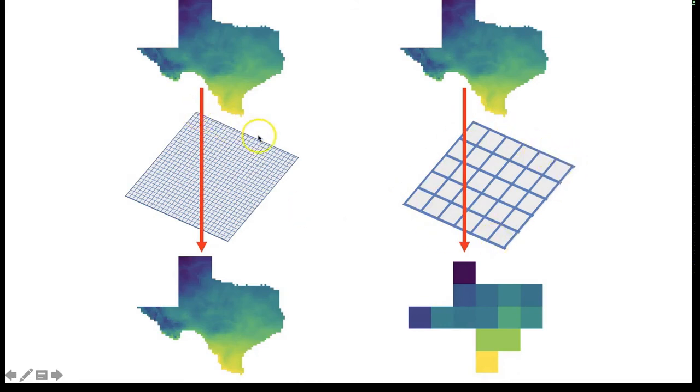So we first need to set our computational region to have the size of the grid cells that we want.